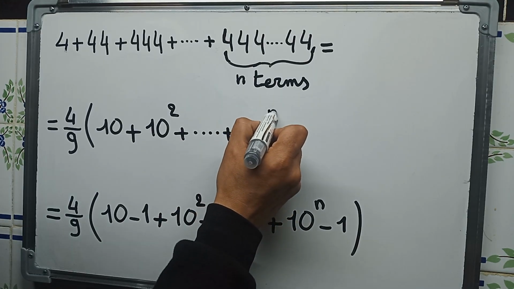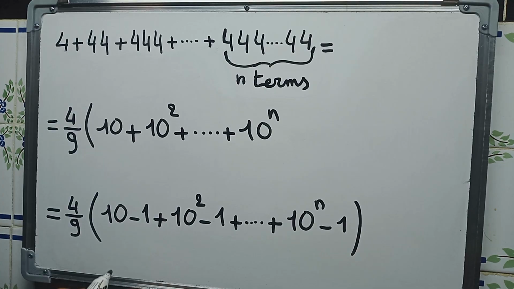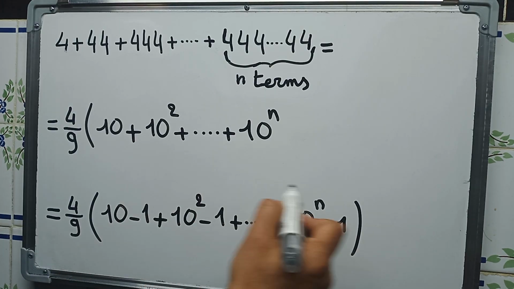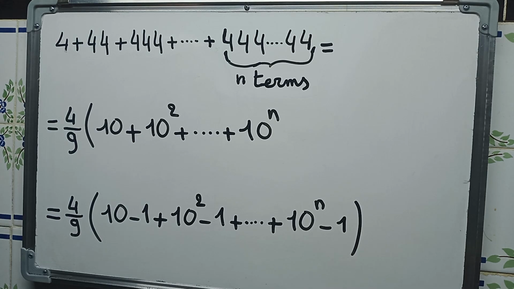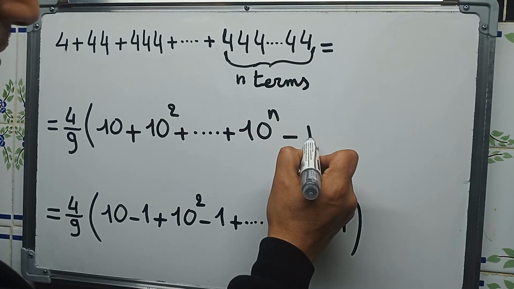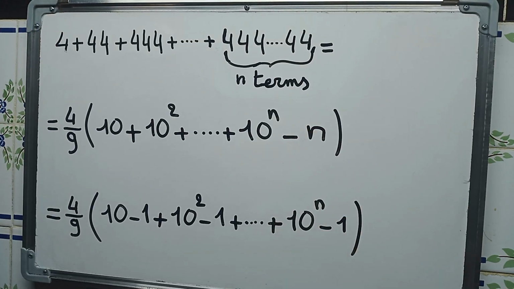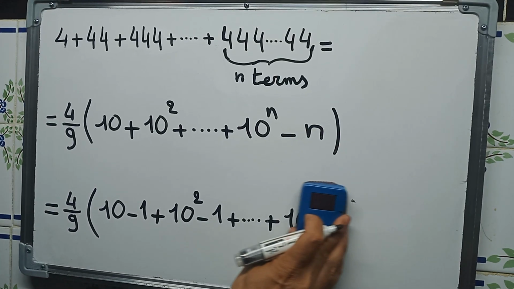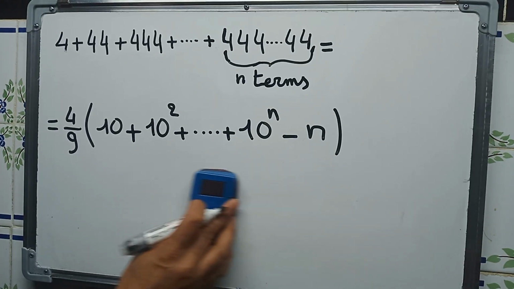Here we start with the geometric sum, and here we have minus 1 repeated n times. So it's minus 1 times n, which is of course minus n. Now let's continue like this.